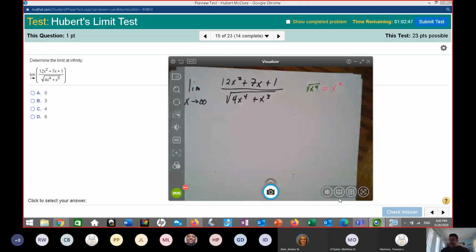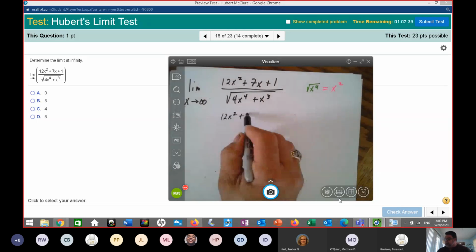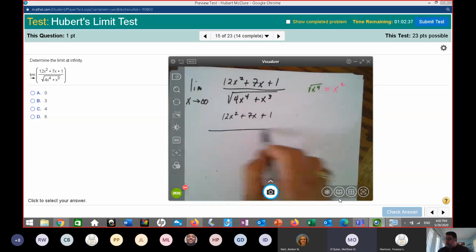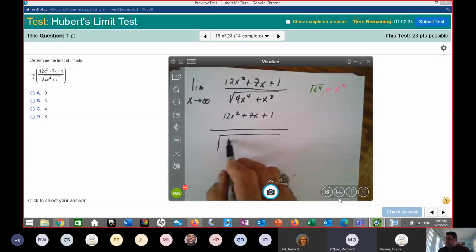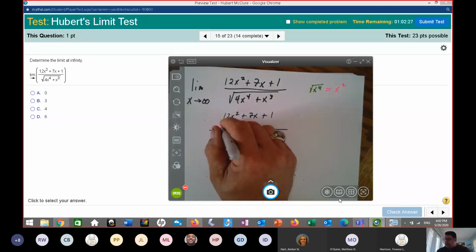I'm going to divide the top by x squared, and I'm doing the long way. So that'd be 12x squared plus 7x plus 1 over 4x to the 4th plus x cubed, and I'm going to divide the top by x squared.